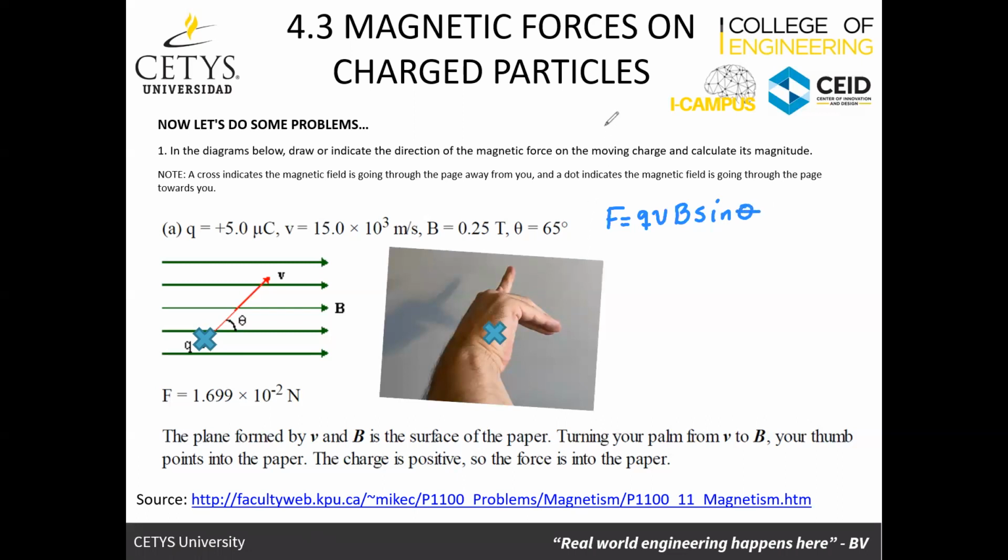So in this case, we have all of the variables. So force is going to be equal to the charge, which is 5 microcoulombs. What does that V mean? Which B? The V is velocity, the B is magnetic field.